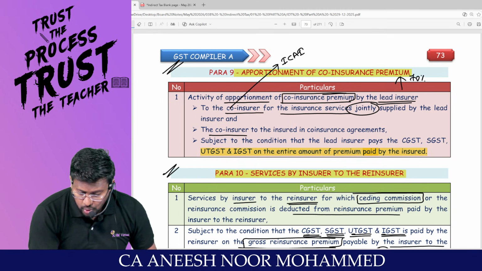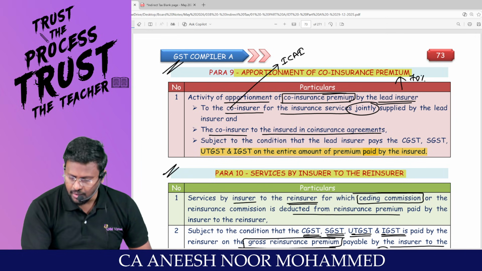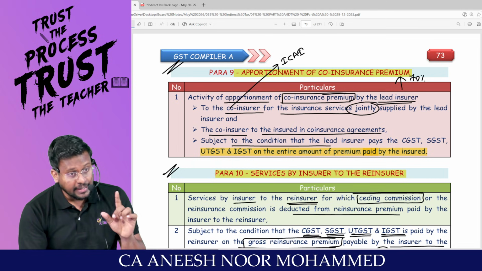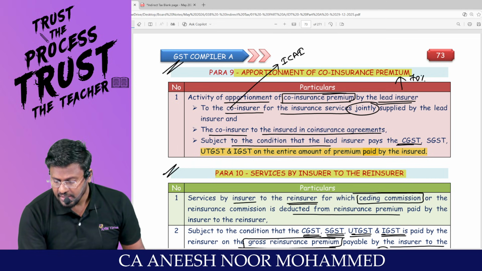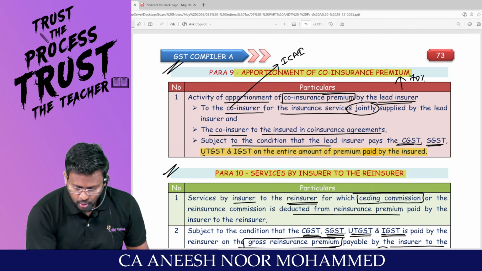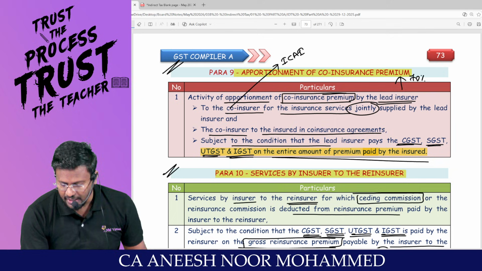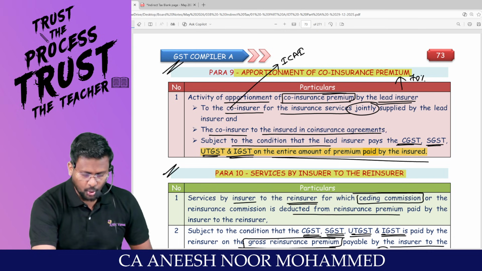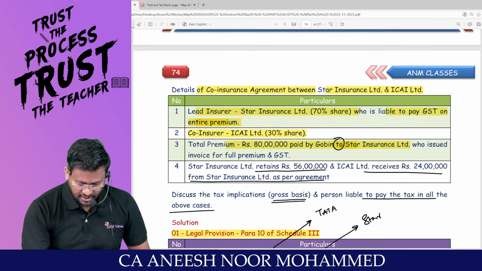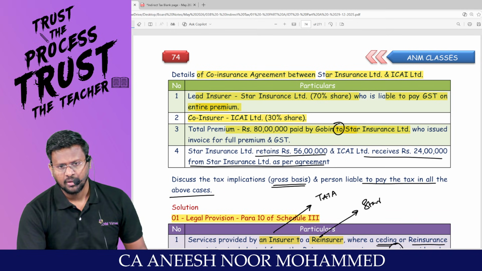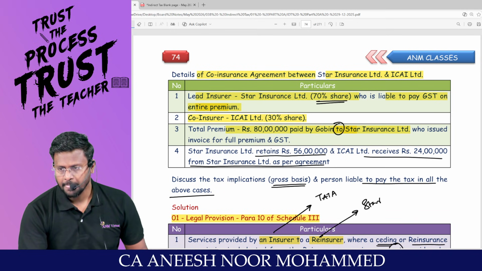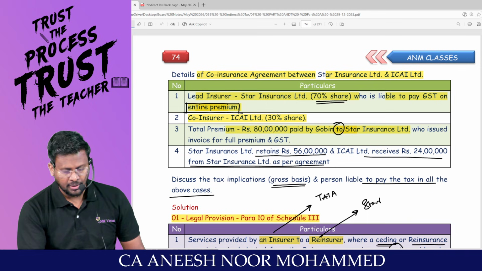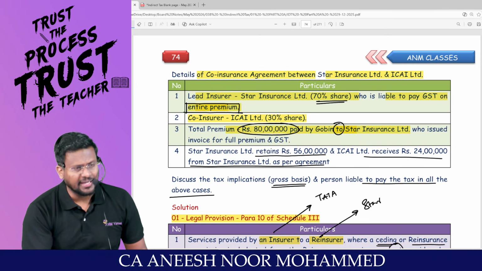And to the insured in the co-insurance agreement, subject to the condition that the lead insurer pays CGST, SGST, UTGST, IGST on the entire amount of premium paid by whom? The insured. Look at the line. What they are saying here. Lead insurer is Star Insurance Limited. Who is liable to pay GST on the premium? That means GST on the total 80 lakh.